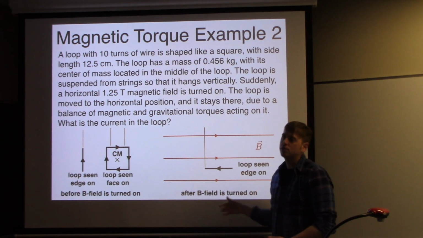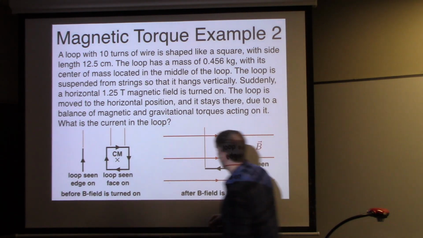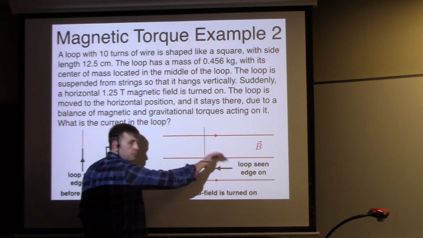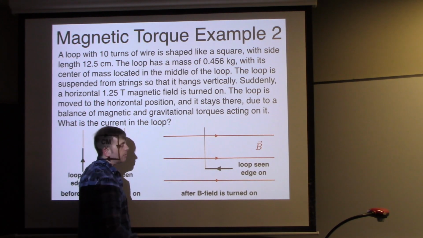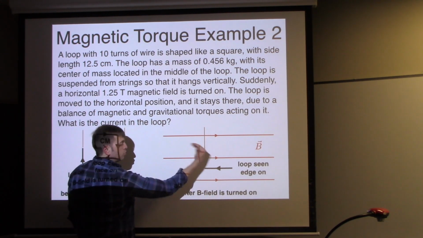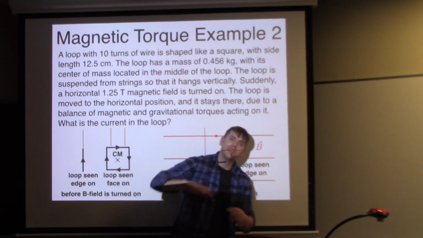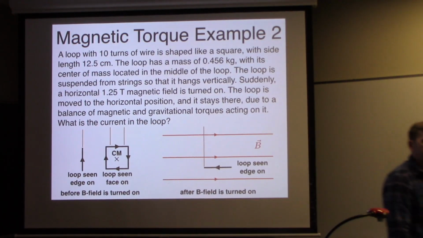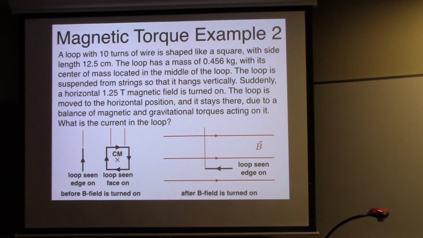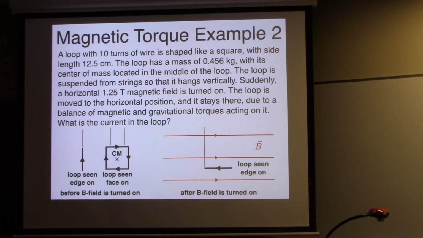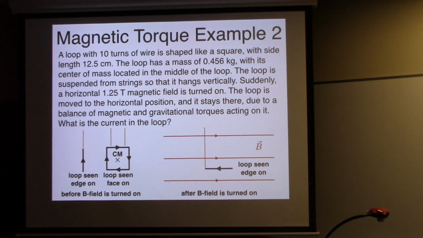So the idea is there's a torque from gravity which wants to make it flop over this way. There's also a magnetic torque which goes the other way, and they balance out. So that's why it's actually not flopping over. Okay, so that's the situation. Given all the numbers, the question is, what is the current flowing through the loop?